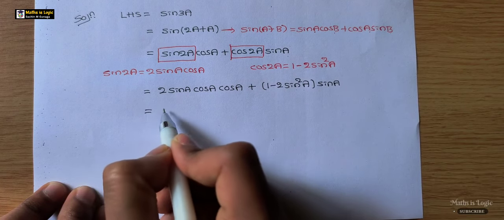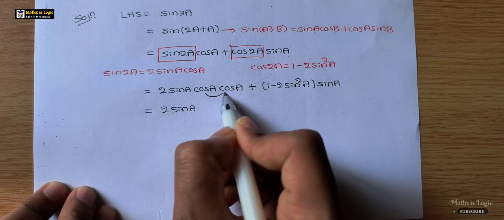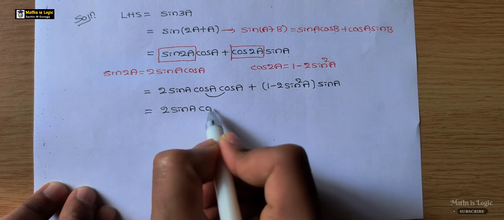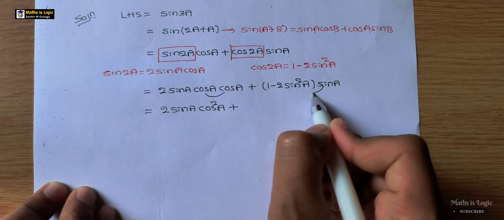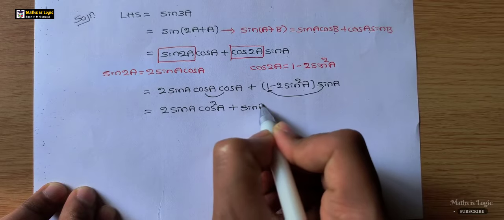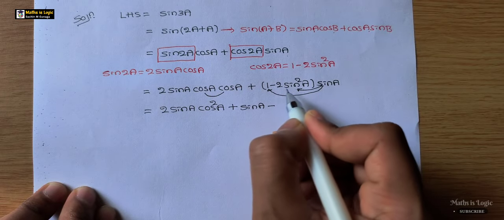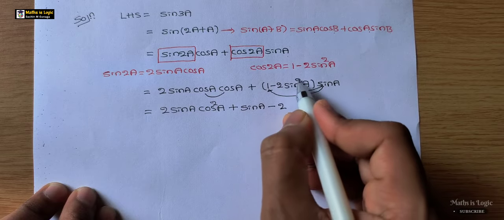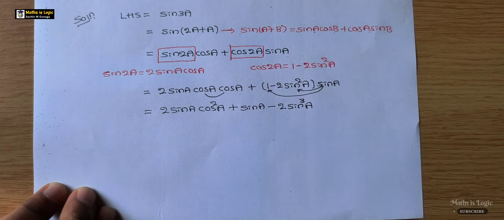Next, this is equal to 2 sine a as it is, multiply these two. Cos into cos is cos square a, plus, open the bracket, sine a into 1 is sine a, plus into minus is minus, these two, 2 into sine square is nothing but sine cube a.